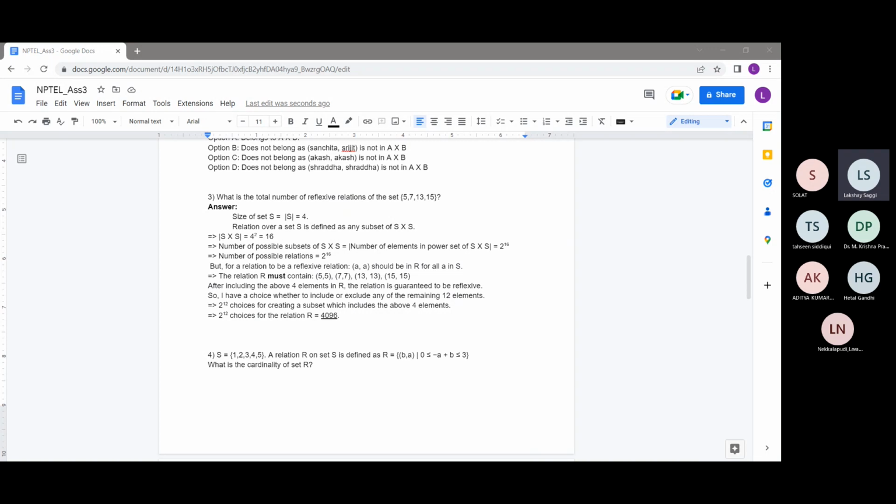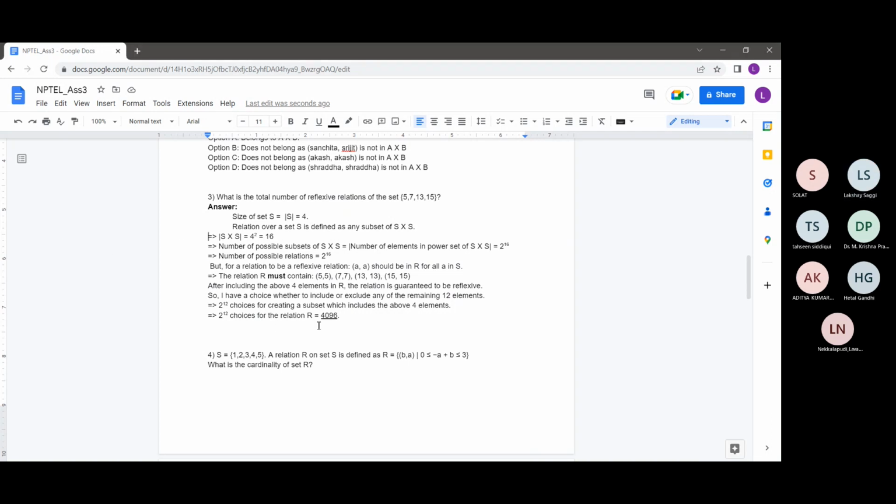Sola, you had earlier written an answer of 4. Is it clear to you now why 4 is the incorrect answer and this is the correct answer? A relation is described by the whole subset which it includes, so there are 2 to the power 12 choices for describing this subset. Okay, cool. So you understand this.